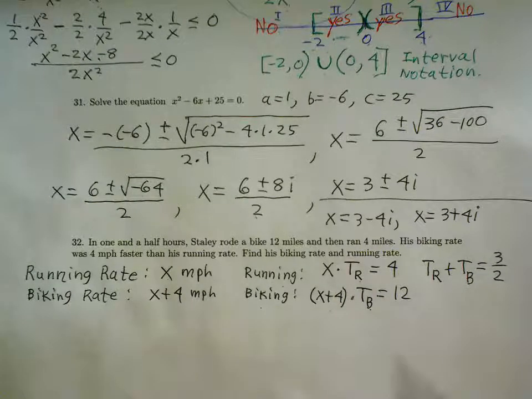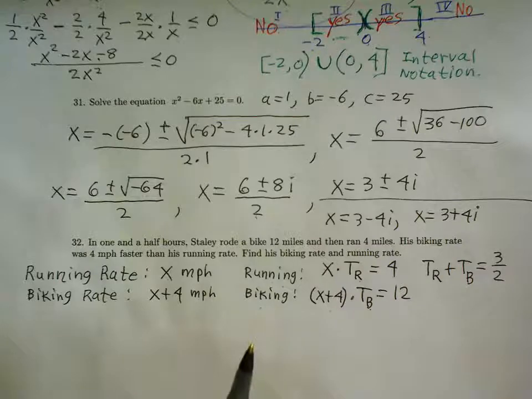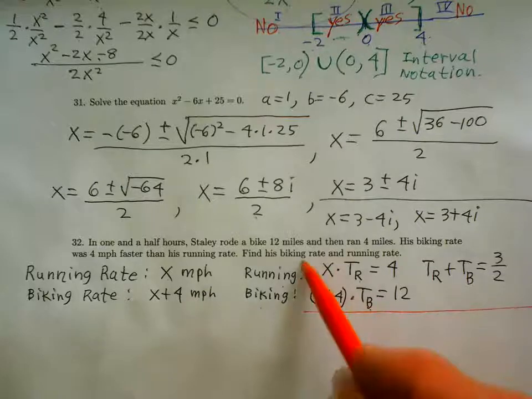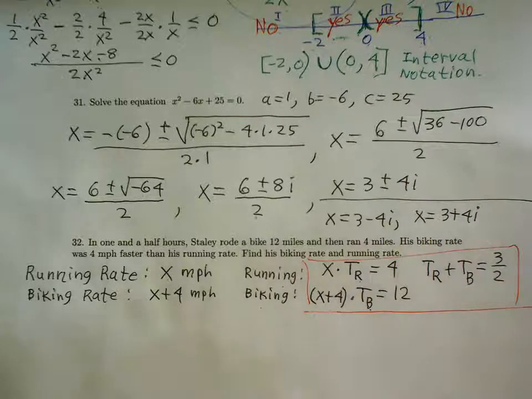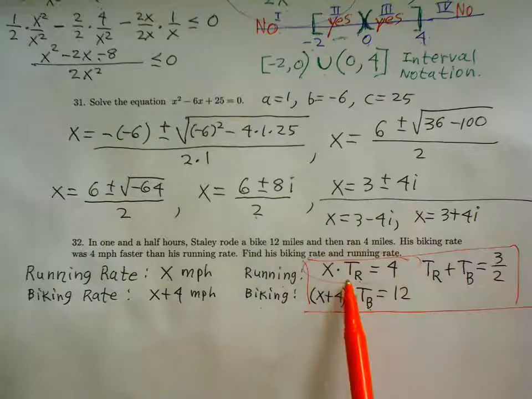Okay, so the next thing, remember, since we want to solve for x, we need an equation whose only variable is x. So we're going to use these 3 equations to help us. We'll solve this equation, x times T sub r equals 4, for T sub r.